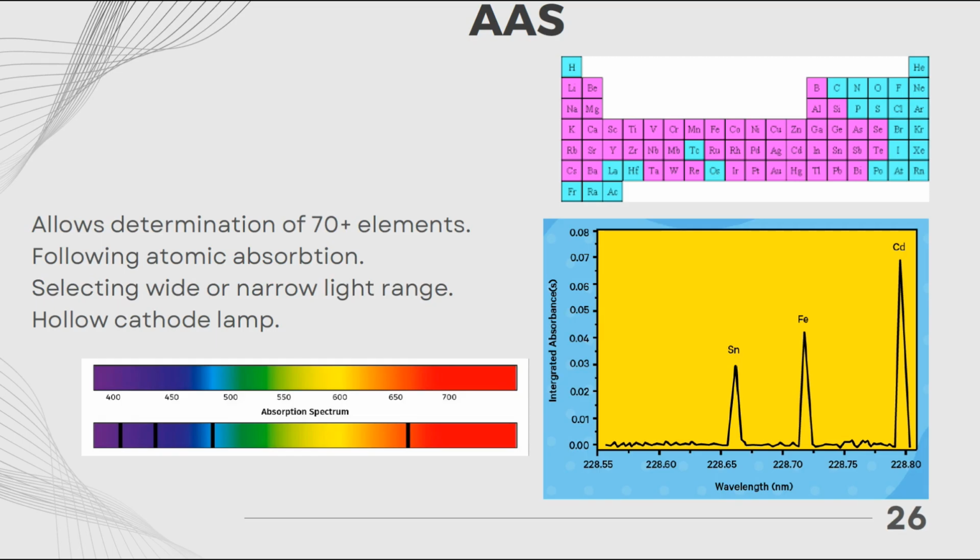And here you may see a very nice picture where you have some maximum absorbance for selected elements. And just have a look at how small the range is. Yeah? So just remember that the visible light range is 400 to 800, or 380 to 780. So it's quite a wide range. And here you are working with 0.15 nanometers, and you may see, let's say, the resolution of AAS.